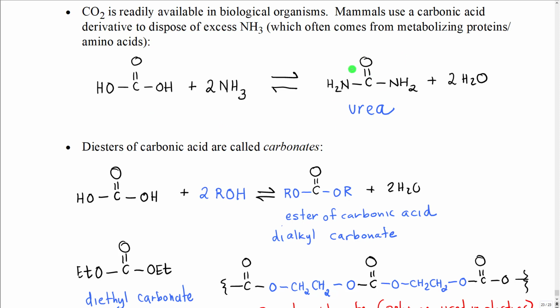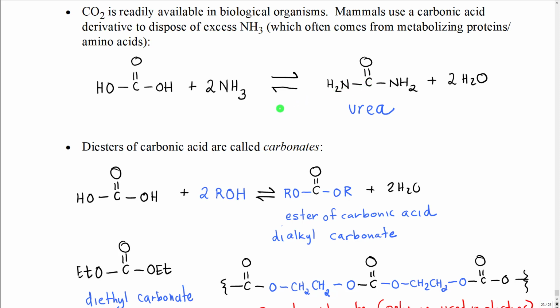And if we look at urea, urea is actually a double amide of carbonic acid. We take carbonic acid, we replace each of the OHs with an NH2 derived from ammonia. So one carbonic acid can remove 2 moles of ammonia. It becomes urea, and it forms just water as a byproduct, so that's very non-toxic. And then the urea is put into the bloodstream, it's shipped to the kidneys, it comes out in our urine.